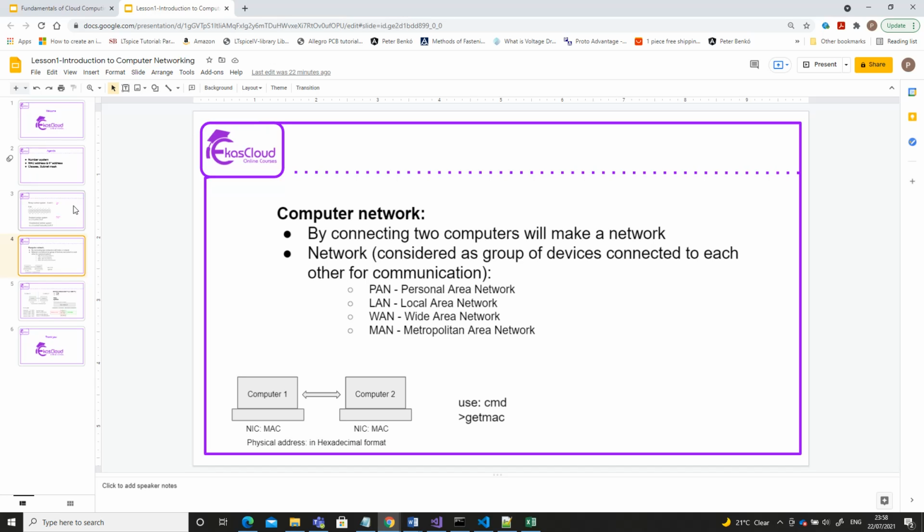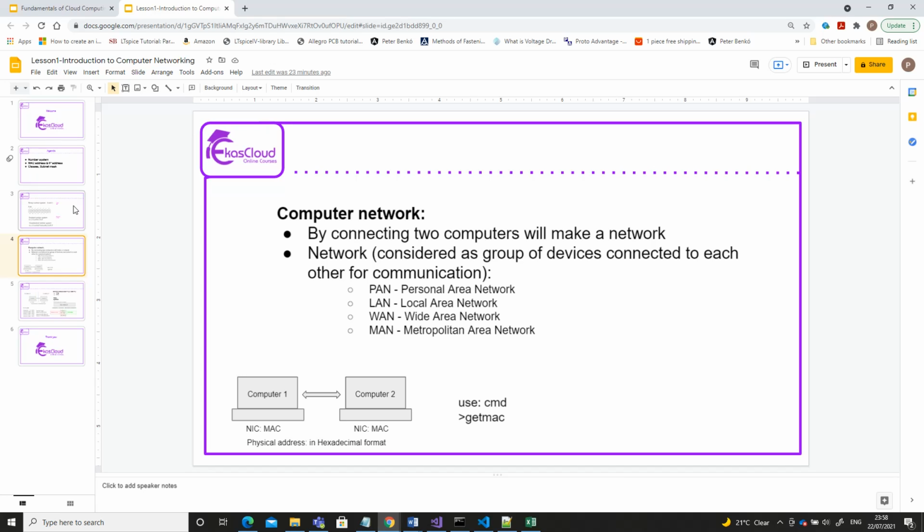Basically, the simplest solution to connect two computers is by connecting them with a cable. But how do we connect the computers?